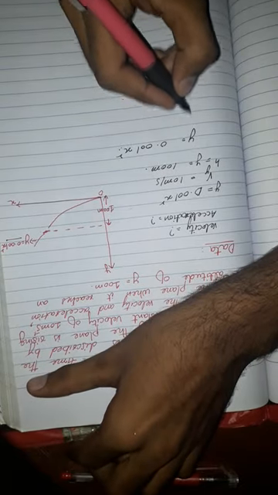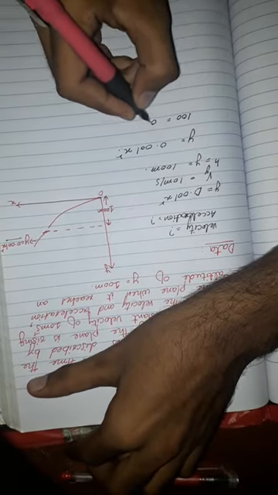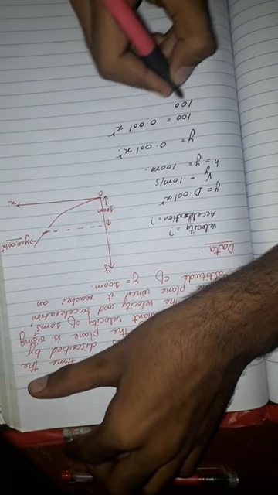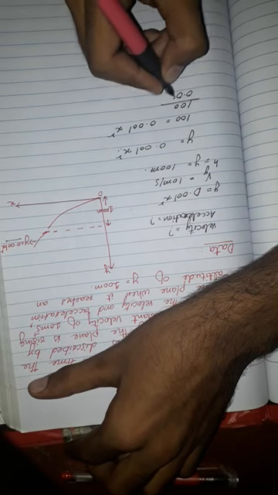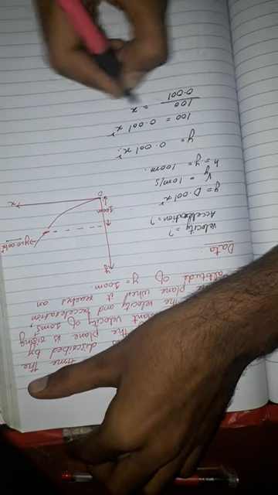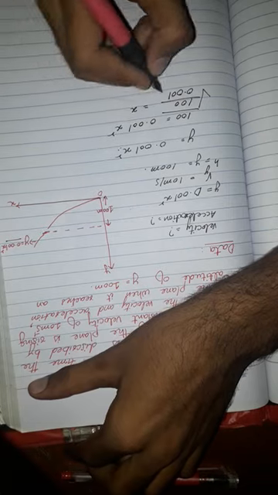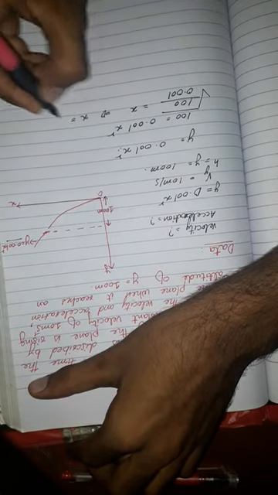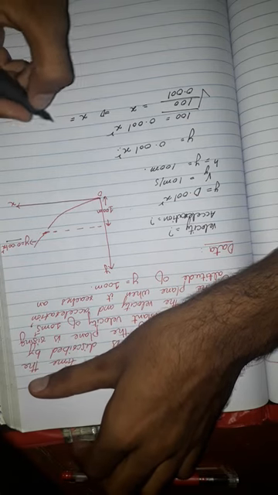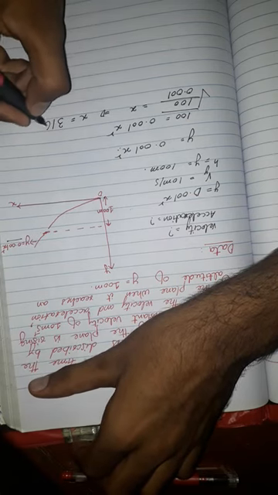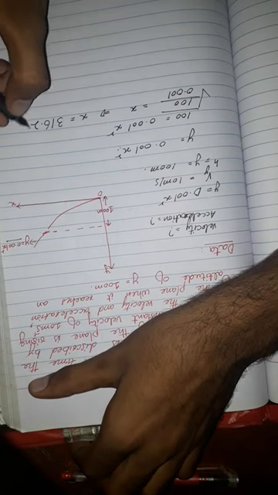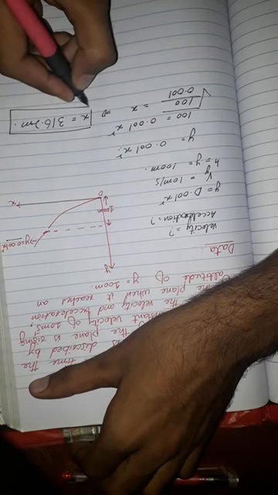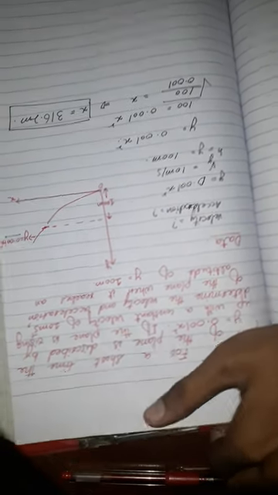Putting the value of y, that is 100, equal to 0.001 x square, and by shifting this to the left side and solving, we will get the value of x, and that is 316.2 meters. This is the horizontal distance that the plane covers.